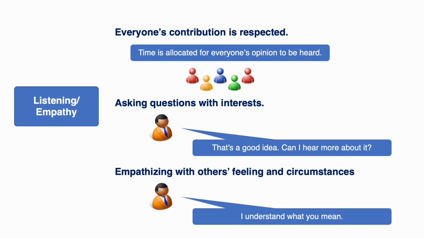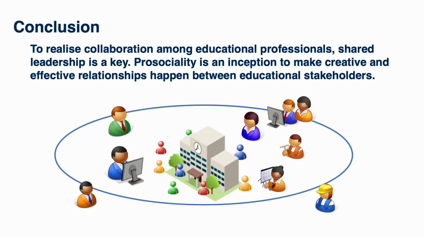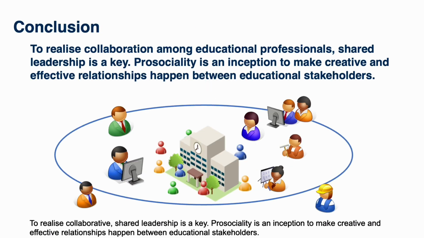So pro-sociality makes the team more creative and effective. To realize collaboration, shared leadership is a key. Pro-sociality is an inception to make creative and effective relationships happen between educational stakeholders.